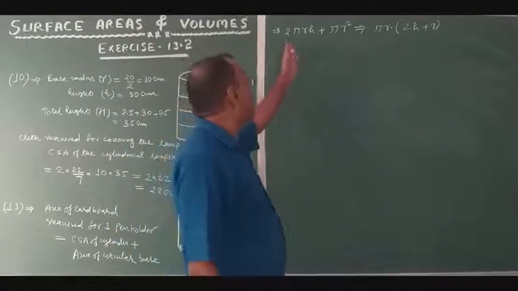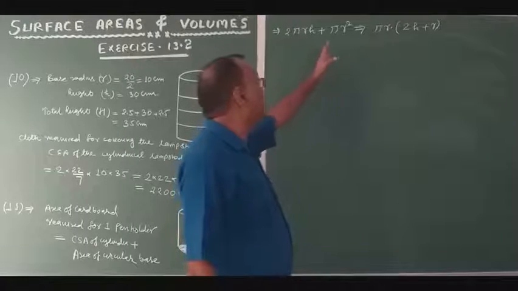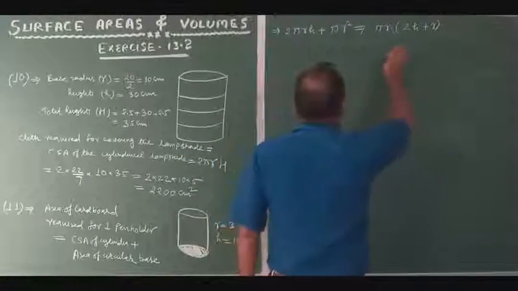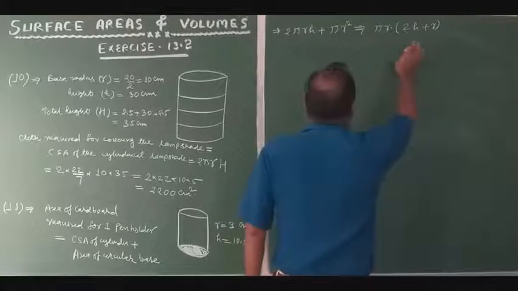Now CSA of cylinder will be 2 pi R H plus pi R square. If you take pi R common, you will get here R into 2H plus R.